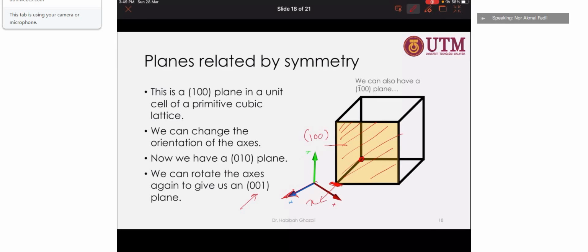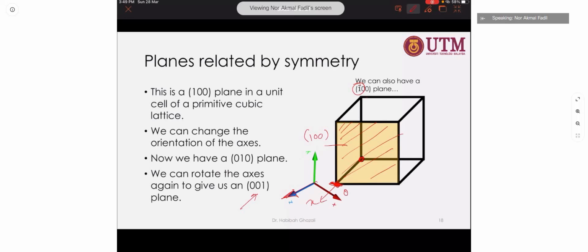Or it is similar to negative 1 at the x direction. It is identical, because let's say this is our origin, this is negative x. So the plane on this side is actually 1 bar 0 0.